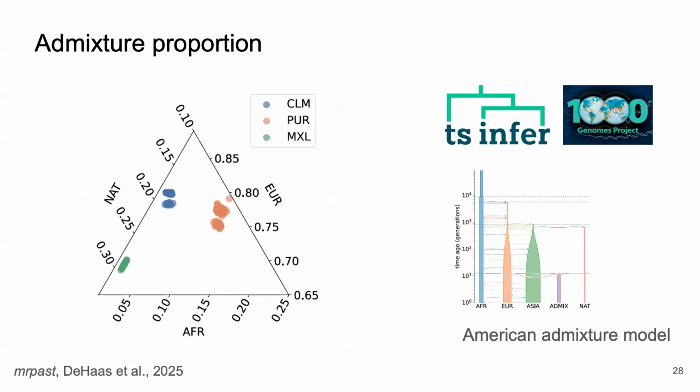In terms of the admixture proportion, we see that the Mexicans have the highest admixture proportion from Native American, about 30%, higher than the Colombians and the Puerto Ricans.